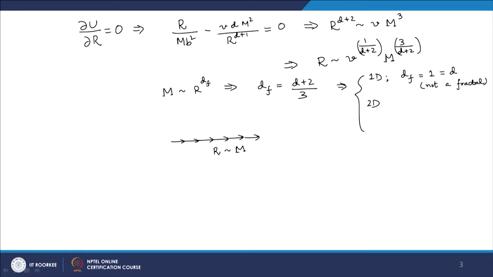However, if we have 2D, then we get df equal to 4 by 3. This is a fractal. So, now you can see in 2D we do not need to avoid any direction. He can move in both x and y, still avoiding an overlap.